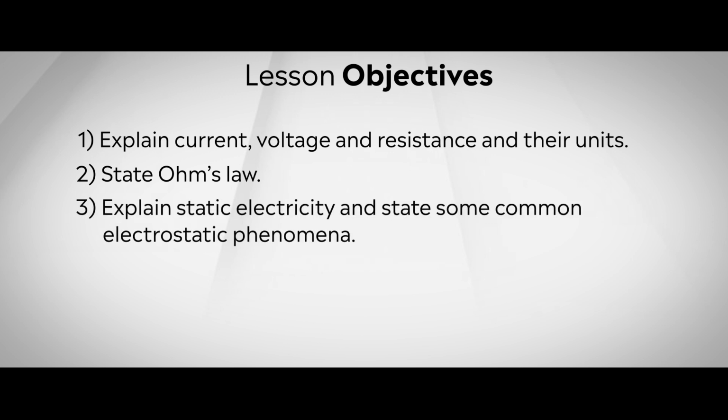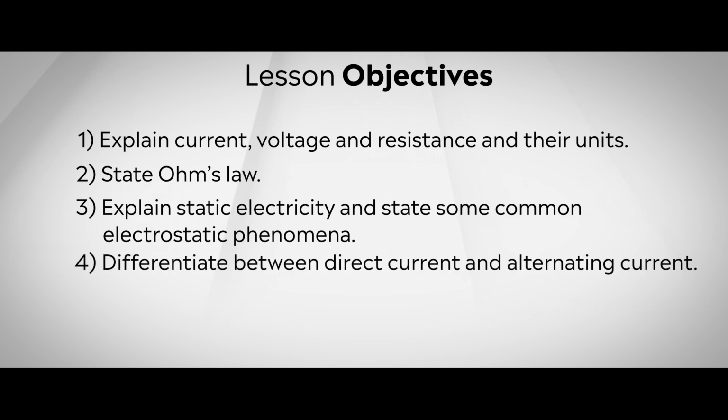Number three, describe electrostatic phenomena and explain what is electrostatic, or static electricity. And number four, differentiate between direct current and alternating current. Okay, if you are ready, let's begin.